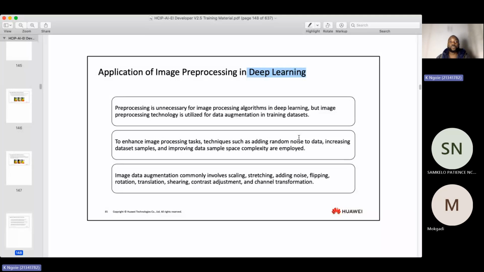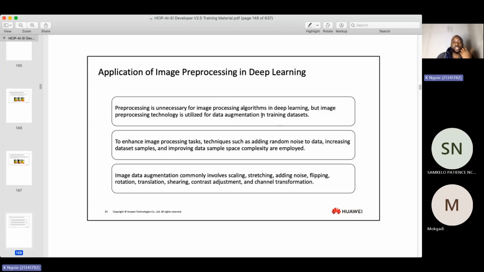All right. In certain cases, pre-processing is not necessary. It's not always the case that when we want to train a model we need to do data pre-processing. Pre-processing is unnecessary for image processing algorithms in deep learning, but image pre-processing technology is used for data augmentation in training data sets. Sometimes we just get images and we need to use them.